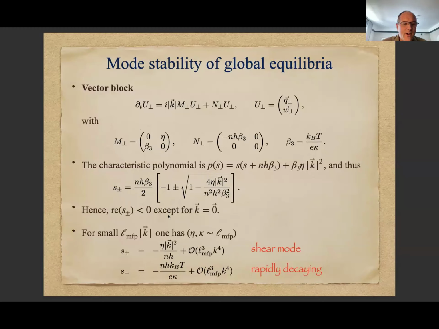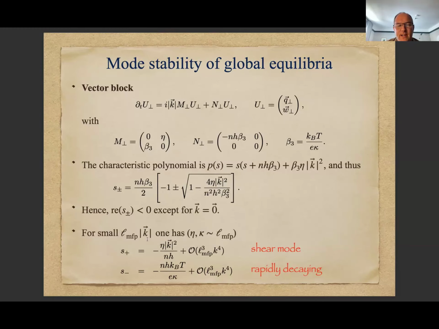Okay, and now you can think of what happens to these hydrodynamic modes. This theory makes sense, at least how we derived it from the Chapman-Enskog approximation, for small Knudsen numbers, and that translates to the mean free path times k being small. And here the transport coefficients will be of the order of the mean free path.